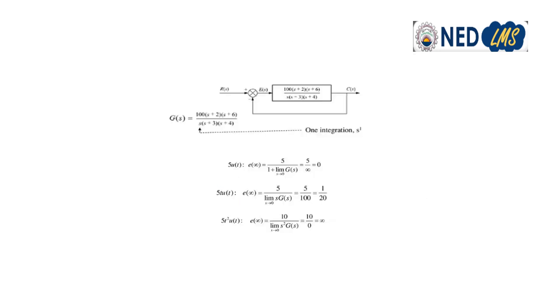Just remember this table. We don't need to calculate this value of 0 and this value of infinity. We just calculate the value of steady state error for the ramp function. If we just remember that we have a 0 steady state error for a step function, and we have an infinity steady state error for a parabolic function for a type 1 system. So it is a trick. If you want to remember, you can remember the 0 and infinity values.